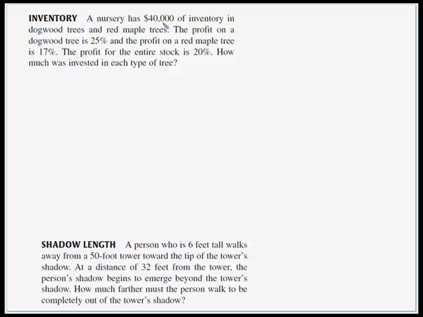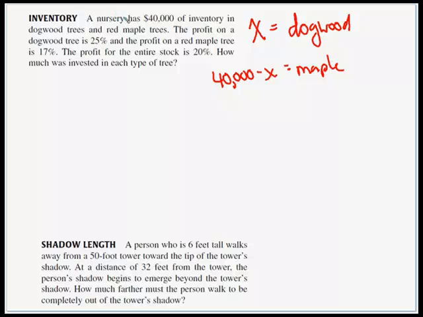So let's assign some variables. X is going to equal the dogwood tree. And we have 40 grand total. So if we do 40 grand minus X, the leftovers have to be the maple. And then we also have profit margin for each.